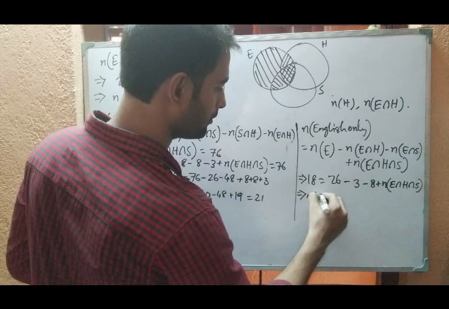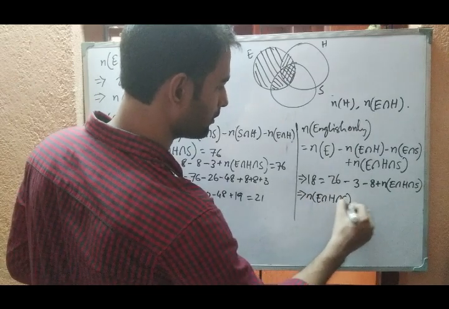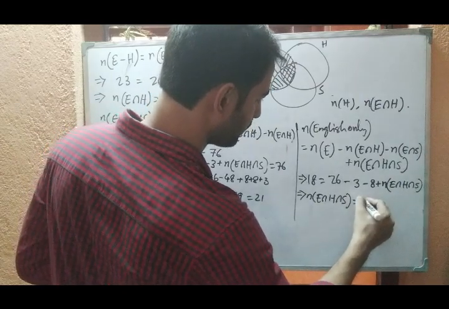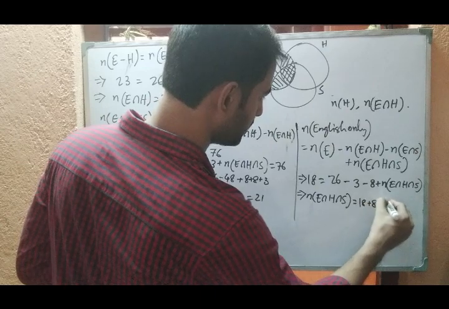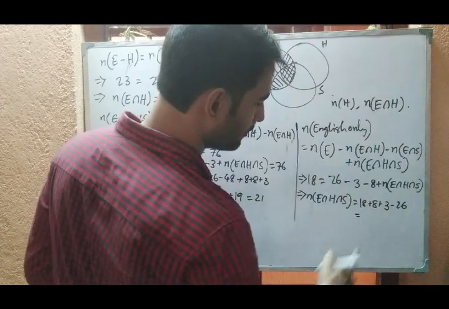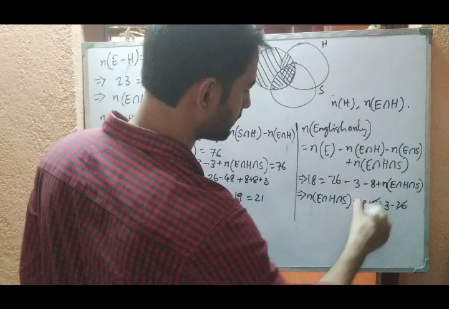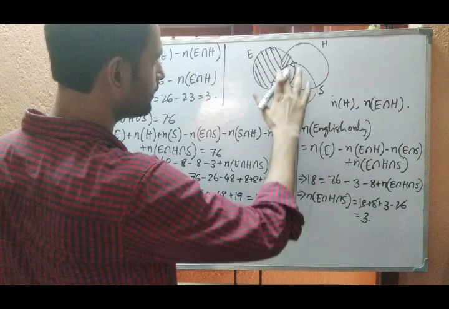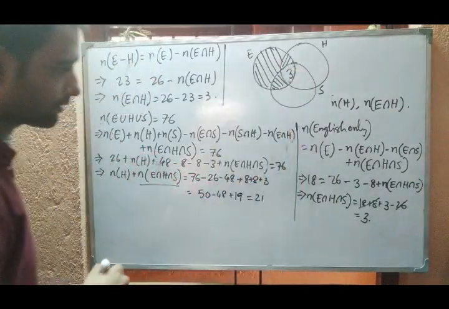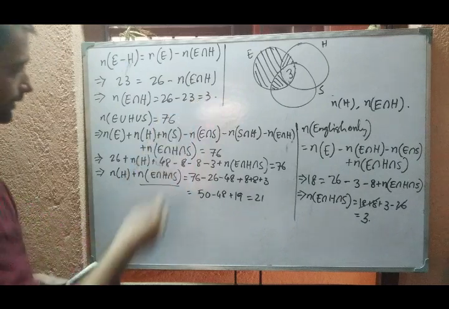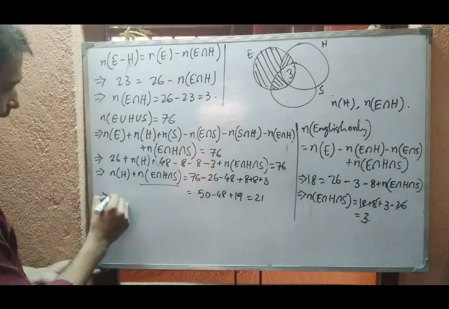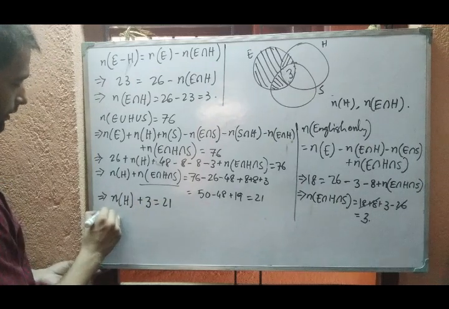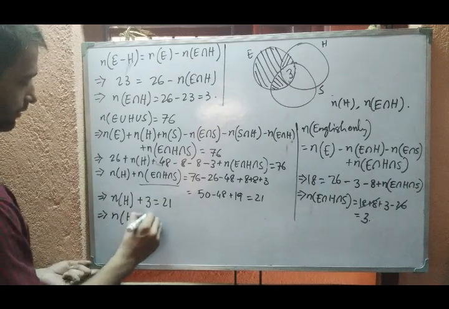So this gives 18 plus 8 plus 3 minus 26. 18, 8, 26 and 26, 26 cancel out, so it's 3. So in the intersection of all 3 there are 3 elements. So if you get this value from here, you can get the number of elements in each region easily. This becomes 18.